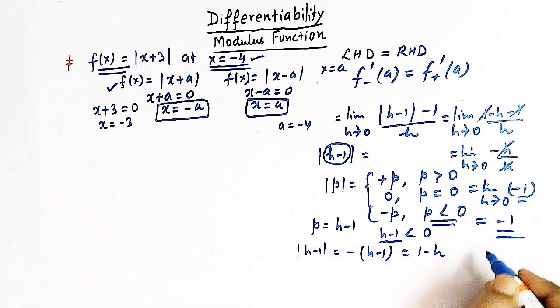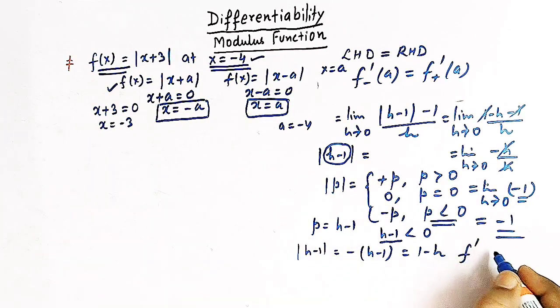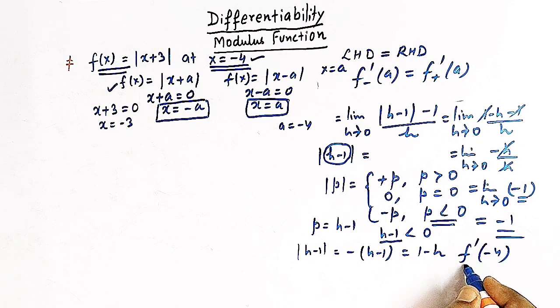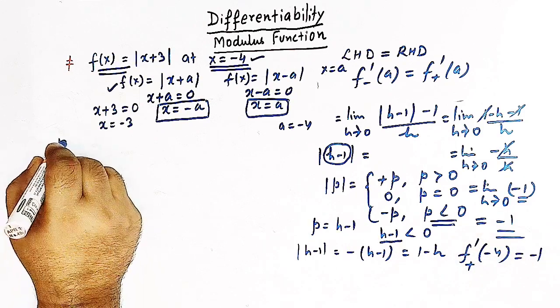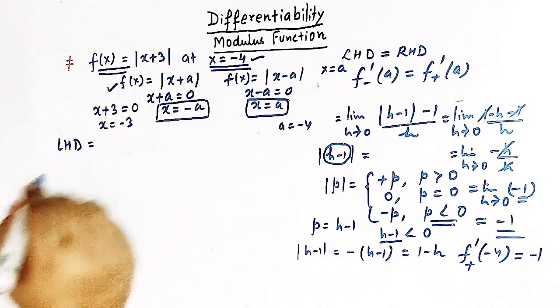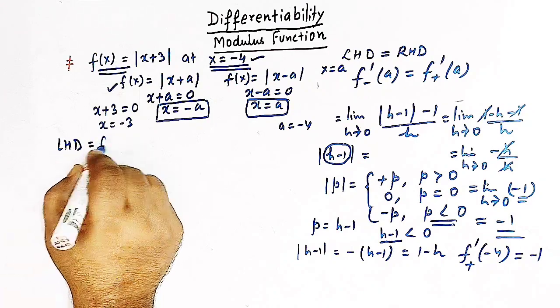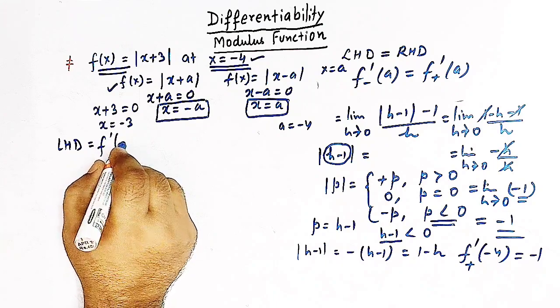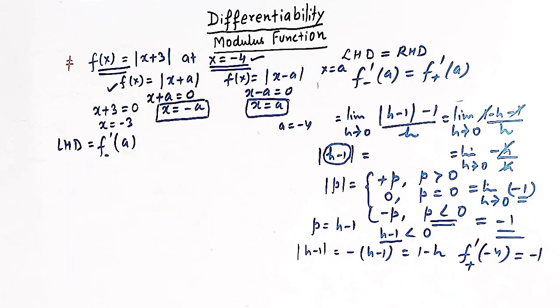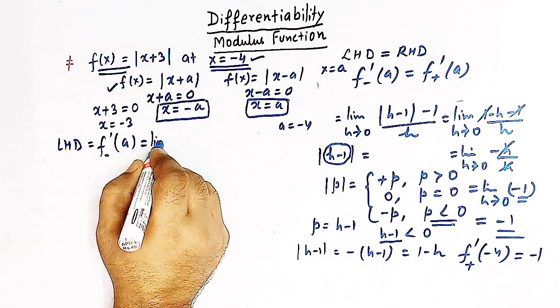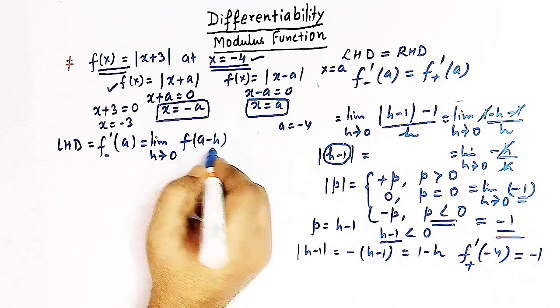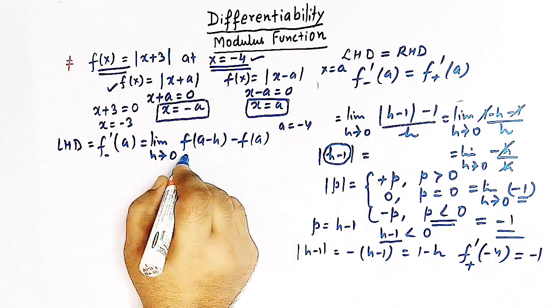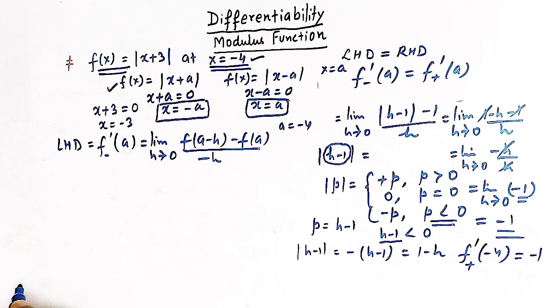So now we can write f prime of minus 4, here we write a positive sign. So the right hand derivative is equal to minus 1. Now let us find out the left hand derivative. The left hand derivative is given by f prime of a, here we put a negative sign, and this is given by limit h tends to 0 of f of a minus h minus f of a divided by minus h, right?